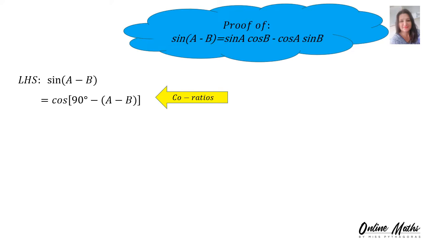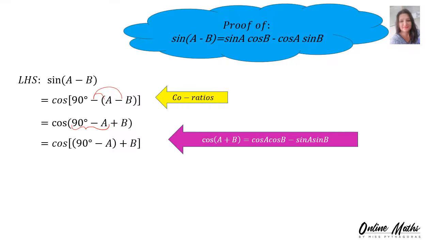In the next step, we multiply in the minus and we end with cos 90 degrees minus A plus B. And in the next step, I'm going to group those two together and I end with cos 90 minus A plus B. And then that one is the compound angle for cos A plus B. Can you see? There is the plus.